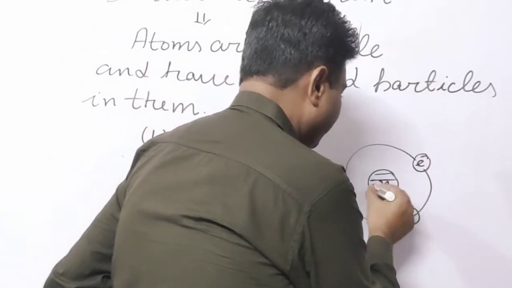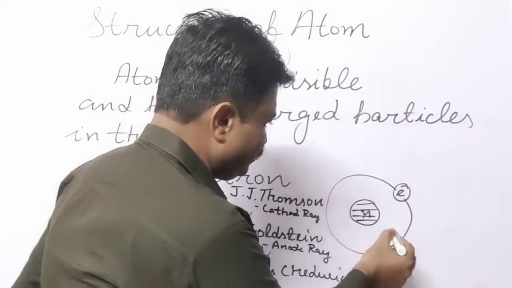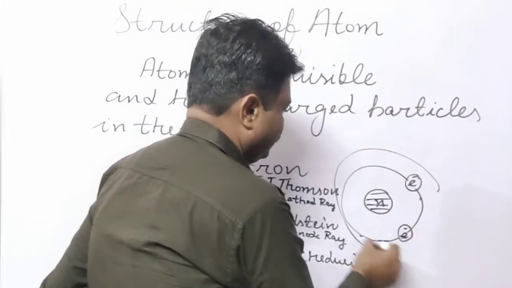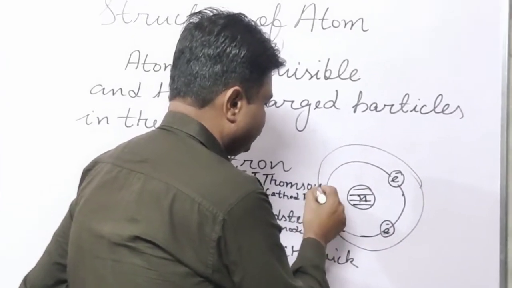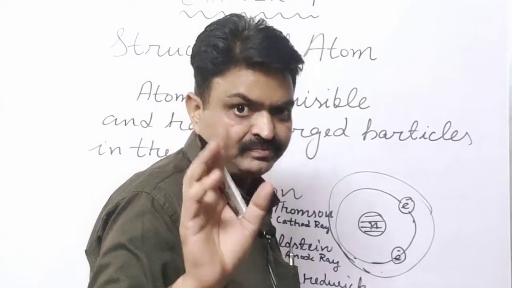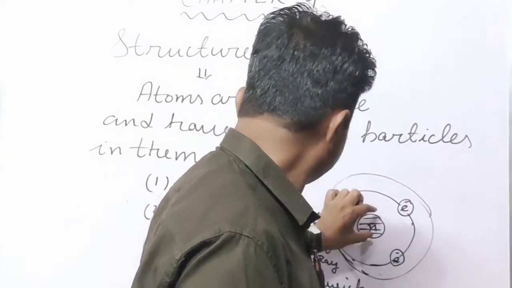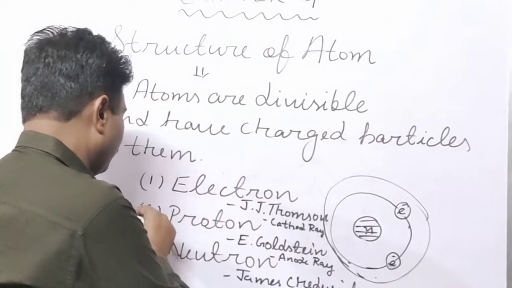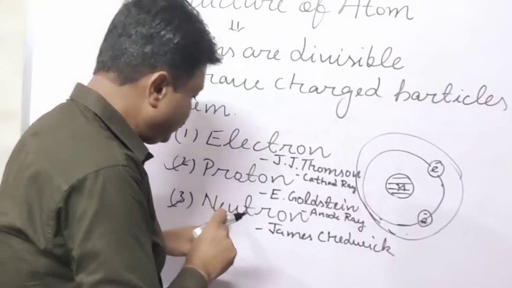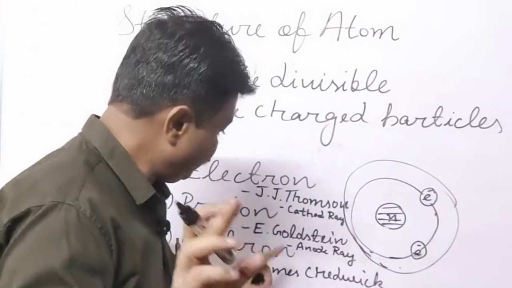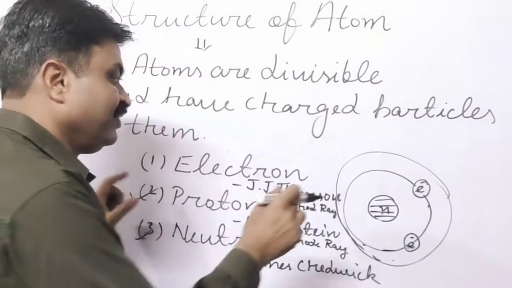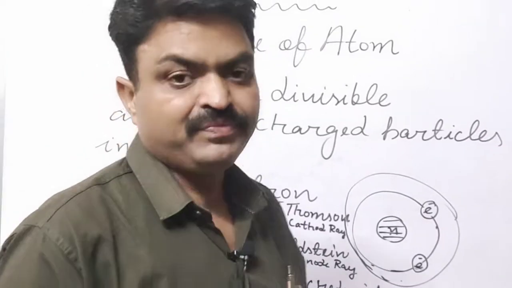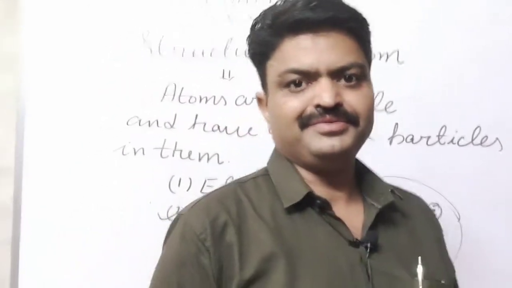In between, the nucleus is found, this is the nucleus, student, and around the nucleus the cells are found. These are the cells, student. There are different cells according to the electronic configuration of the particular element. So in the nucleus two particles are found, proton and neutron. Only the neutrons are absent in the hydrogen, but the proton is found. And around the nucleus, in the cells, the electrons are found.